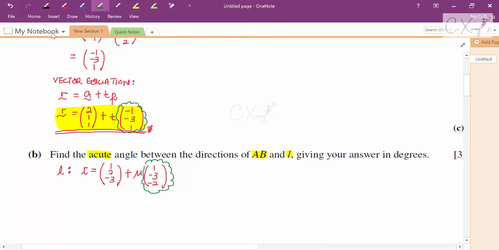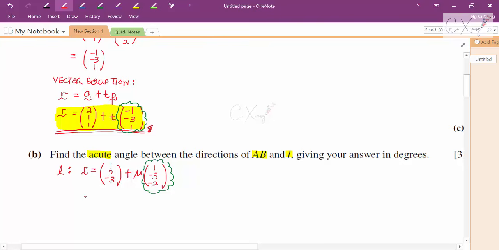So I only focus on the direction of each line. Okay, so we are using the formula to find the acute angle between two straight lines. Generally, you can use P dot Q equals modulus P modulus Q cos theta.